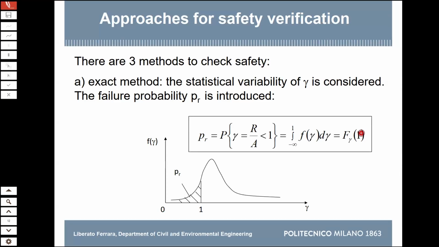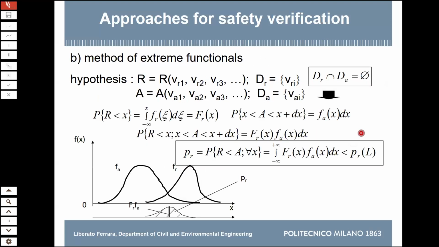So you run tens of thousands of analyses, and you build up this database. But you will realize that if we had to perform this for any kind of structure, it would absolutely be impractical. So we accept to go, this is what we call the exact method.